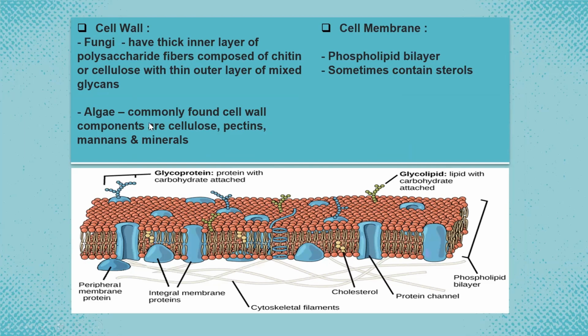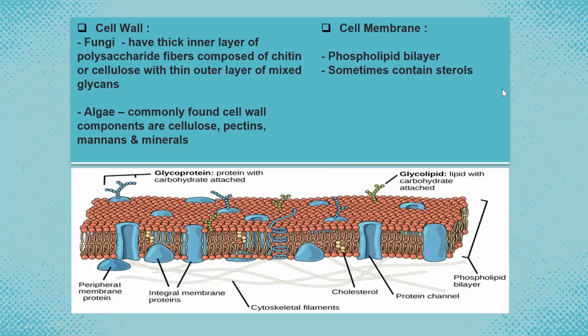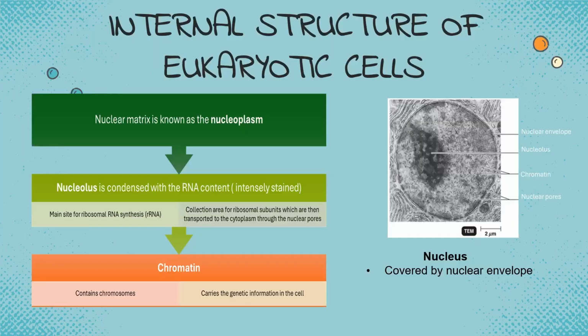For algae, commonly found cell wall components are cellulose, pectin, mannans, and minerals. And the membrane consists of a phospholipid bilayer and sometimes contains sterol.